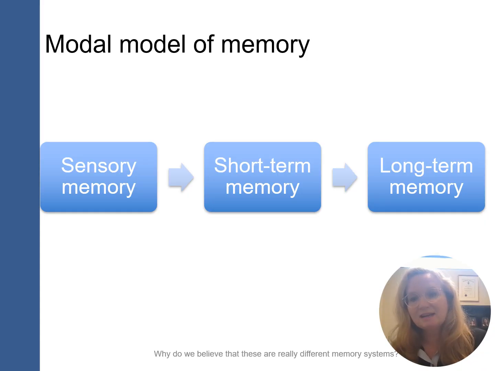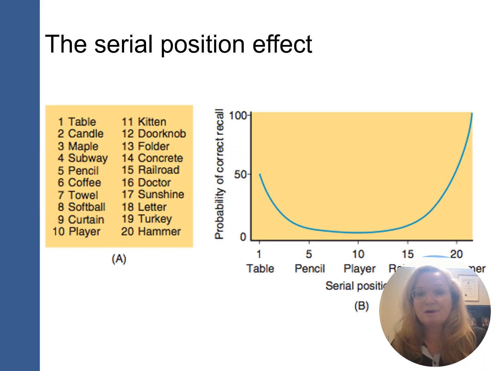The idea is that information comes in that we pay attention to. And some of it comes into sensory memory, some of it from sensory memory gets moved into short-term memory, not everything, and we'll talk about that. And then things that are in short-term memory, some of that will move into long-term memory. So we'll talk about each of these components, focusing initially on sensory memory and short-term memory.